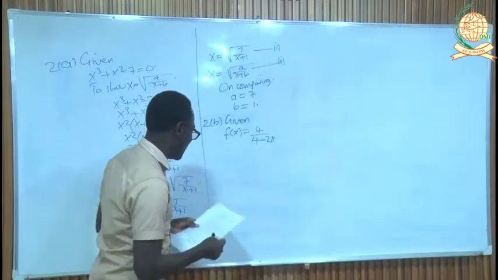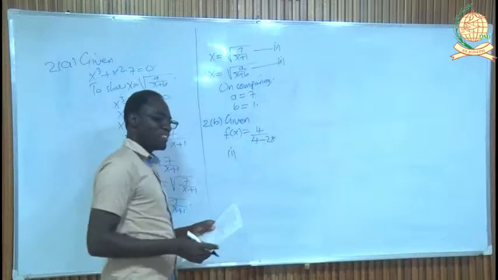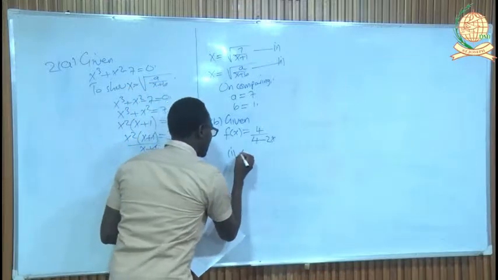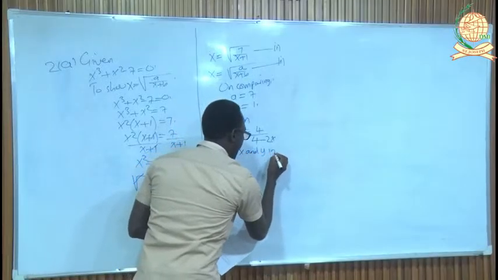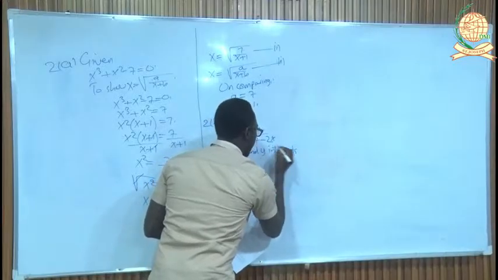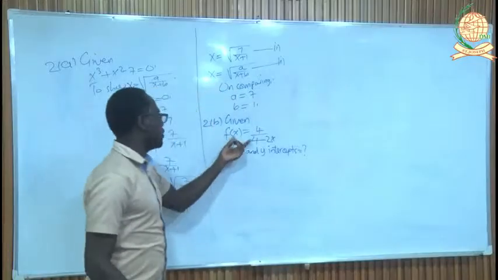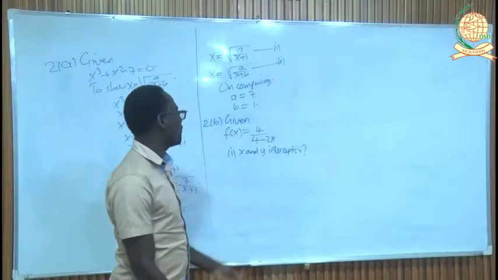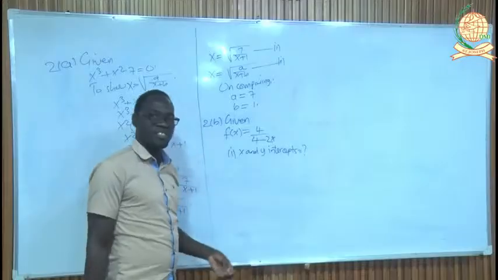Then Roman 1, we need to find the x-intercept and the y-intercept. Okay, the question is this one, given f(x) is equal to 4 over 4 minus 2x. Then in Roman 1, find the x-intercept and the y-intercept.